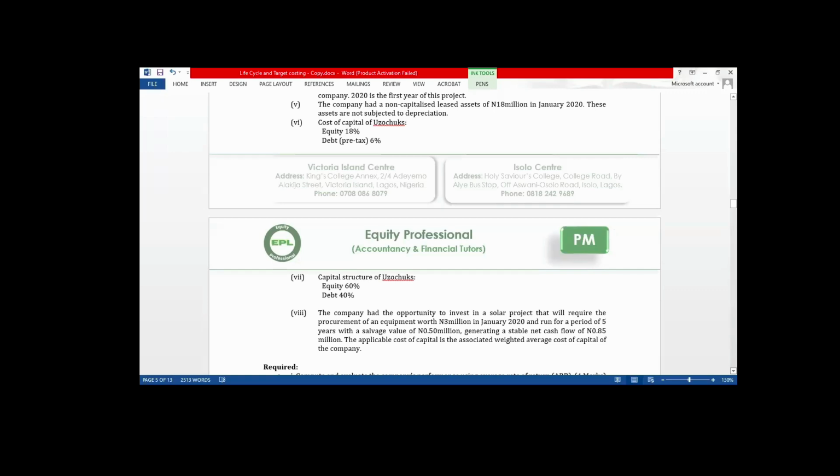The applicable cost of capital is the associated WACC, weighted average cost of capital of the company.